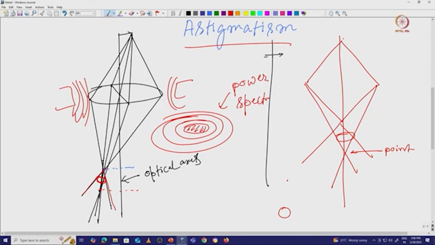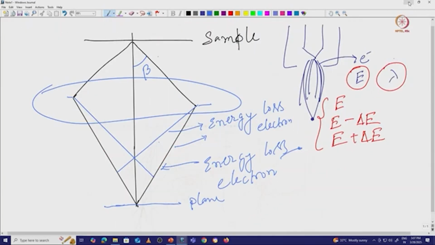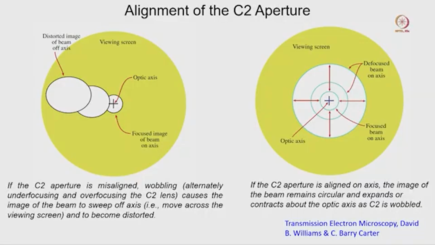I'll just show you how the beam should look before the astigmatism and after the astigmatism. And then we'll discuss the rest of the aberrations.